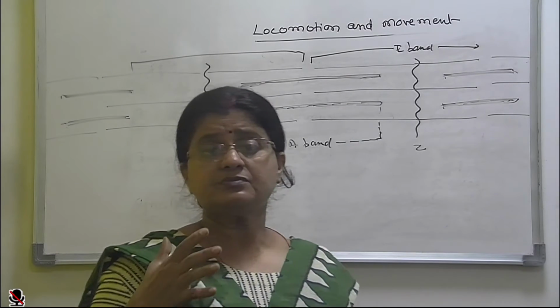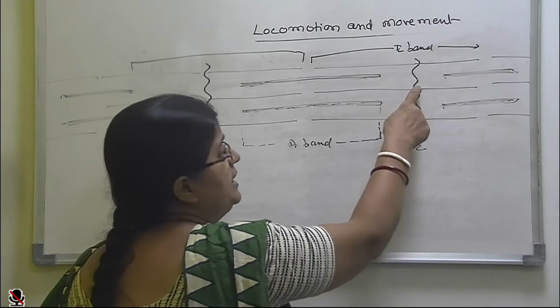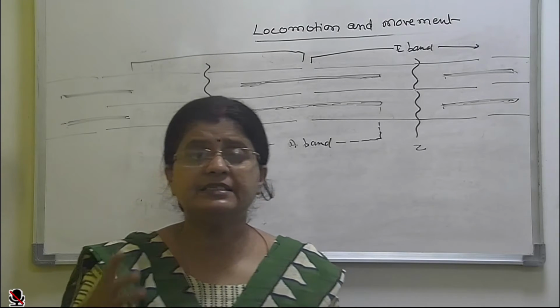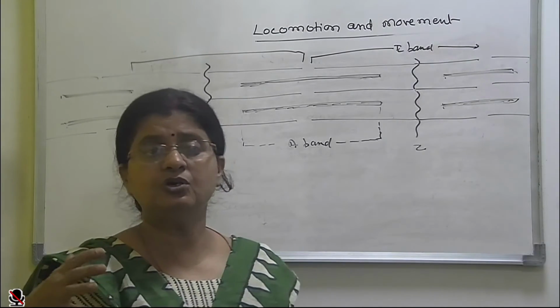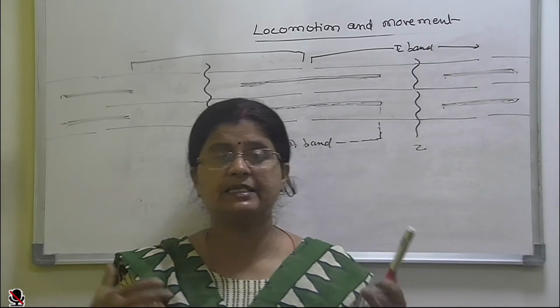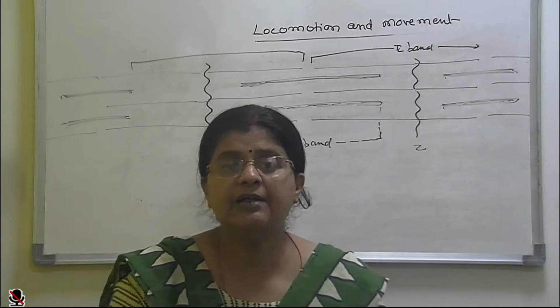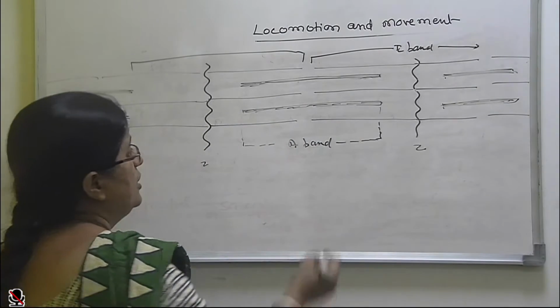The I filaments are firmly attached to this Z line, and the thick filaments in the middle are held together with the help of a thin filamentous membrane called the M band.